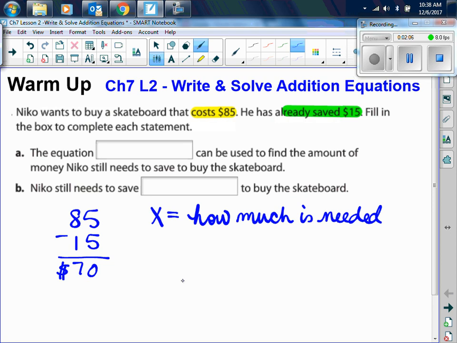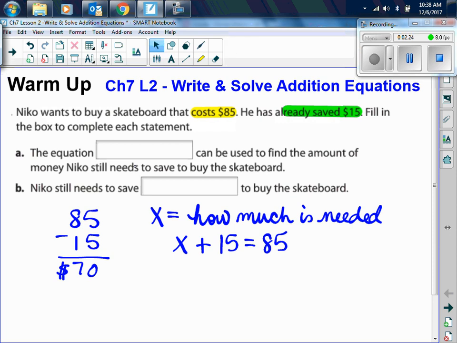We're going to say how much he needs plus how much he already has saved, plus the 15, that's going to be equal to $85. And that's how you write the algebraic equation. So there is our equation. The equation x plus 15 equals 85 can be used to find the amount of money Nico still needs to save to buy the skateboard.